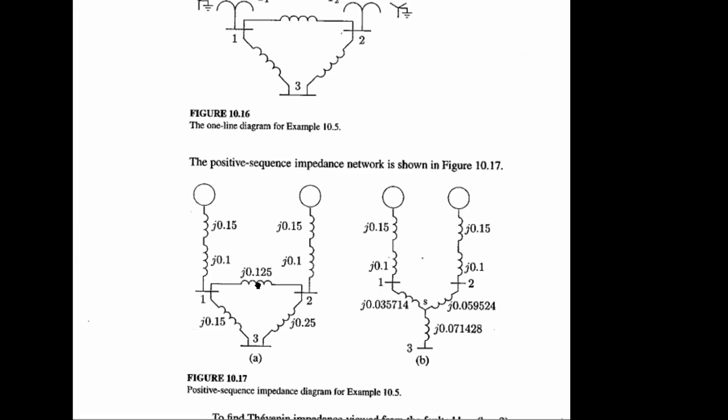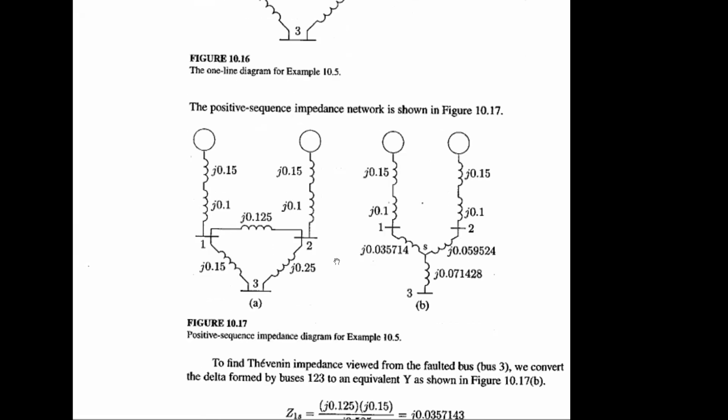So that's converting the diagram from delta to Y, right? To get the equivalent impedance for the total network. That's the main objective: to generate the equivalent impedance in terms of bus 3. Bus 3 is the fault bus.